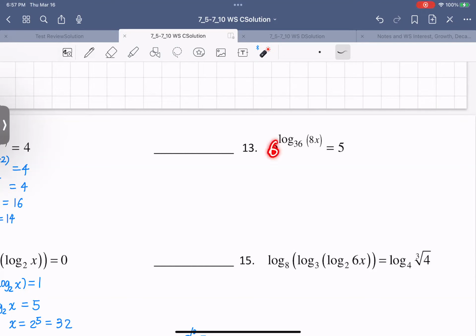Make sure you convert this 6 to 36 to the power of something, and then put that one over here. And then you do this one first. You solve this layer by layer until you reach the most inner one.